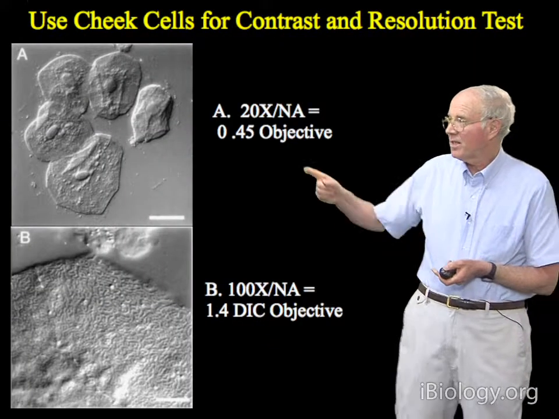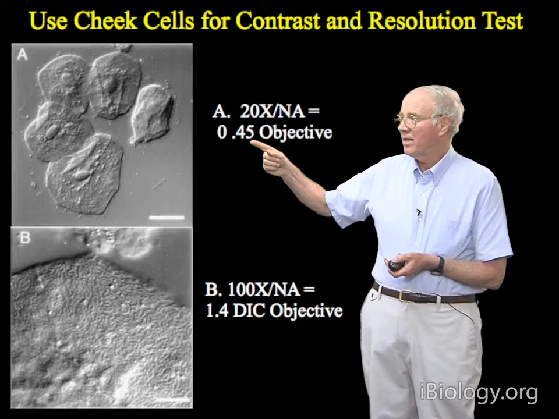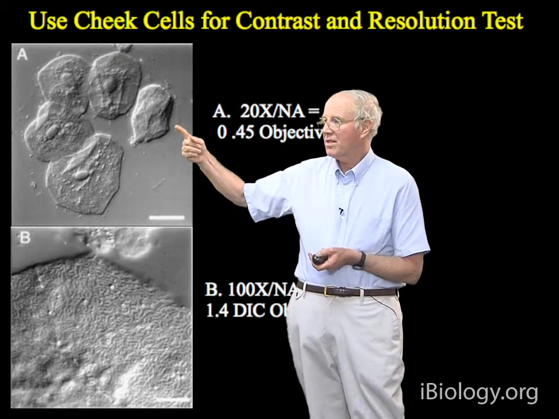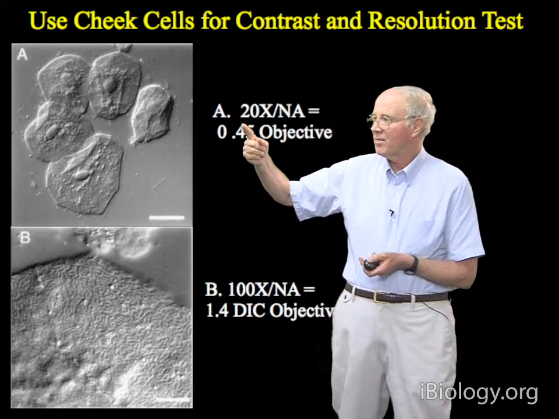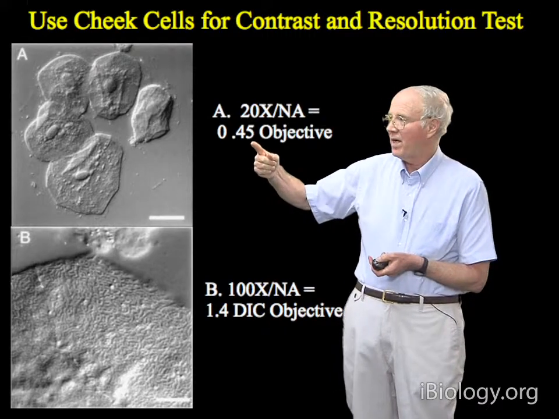Now, it's good to have some resolution tests for what you're looking at, and these are my squamous cheek cells again, looked at with a 20x objective with an NA of 0.45.